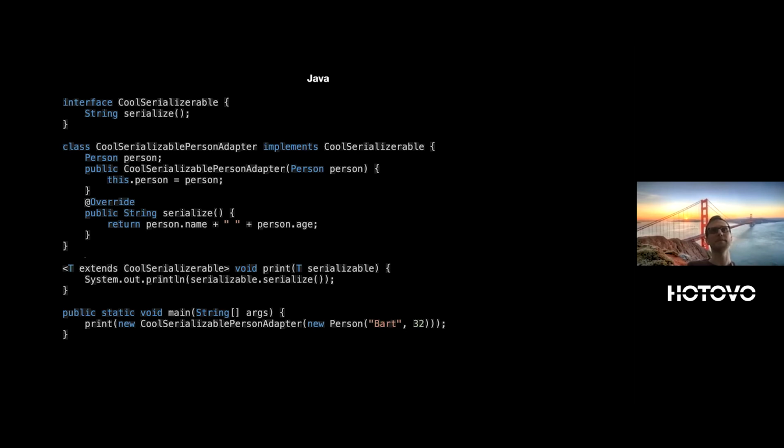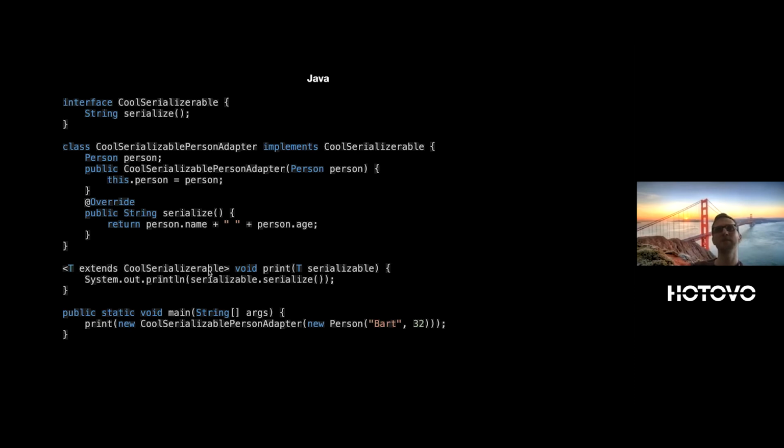Now, this is a parametric function, a type parametric function, which takes in an object of type T. And this is the type bound in Java. So this can be any type that implements the interface or extends. It uses extends both for interfaces and classes. So now I can call the method on that type.